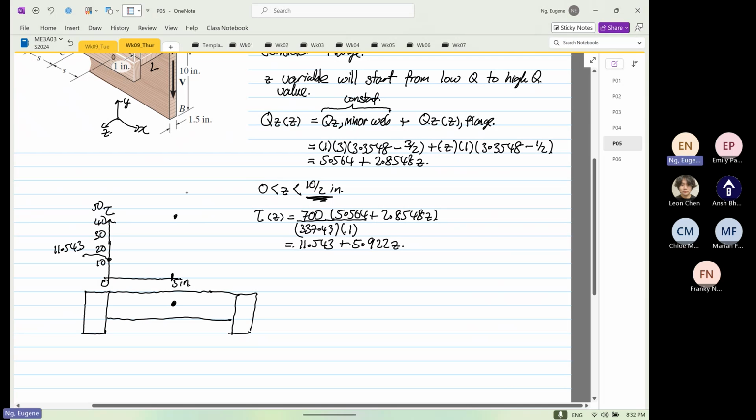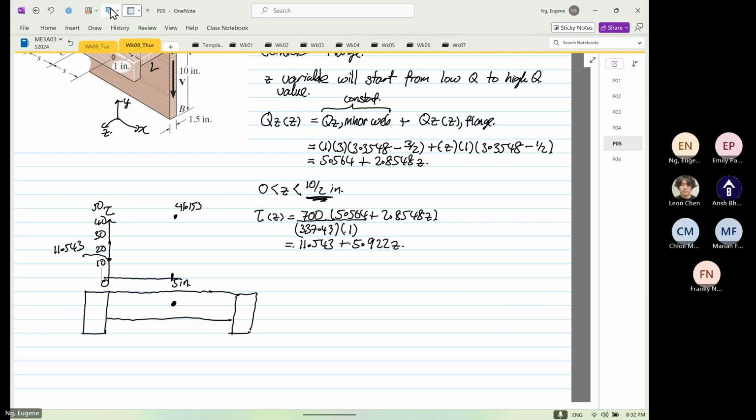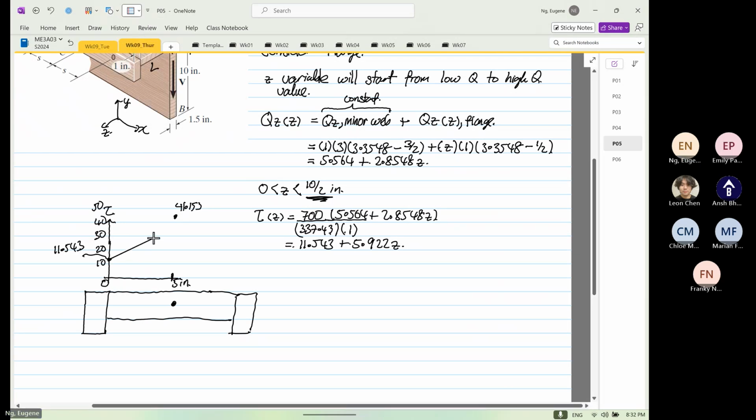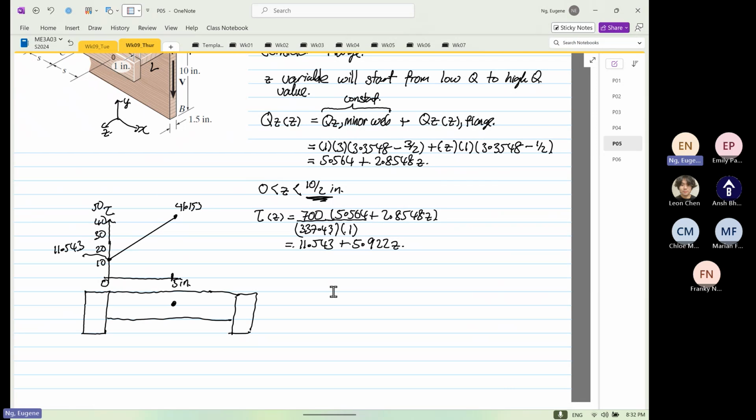So this is 41.153. Right, so it's a straight line. Yeah, better draw a straight line with a ruler. Right, so this is how the distribution looks like on the flange. Okay, right?